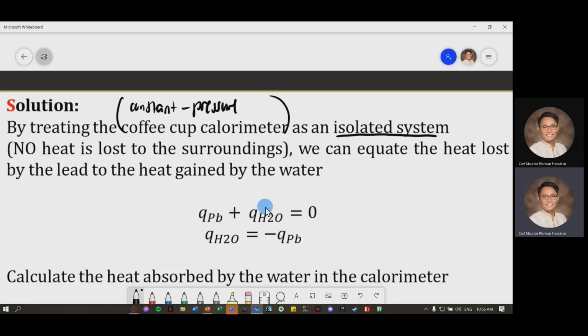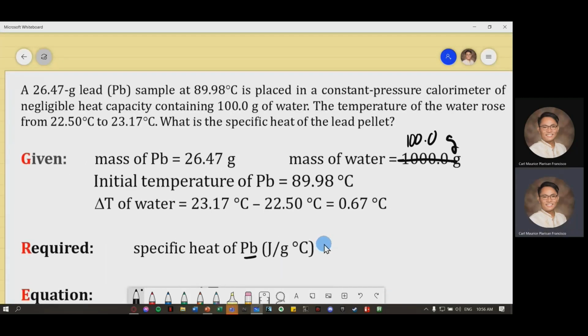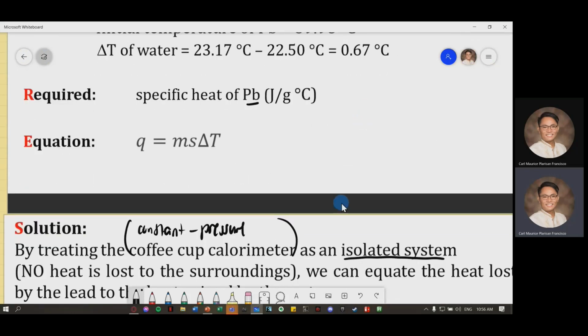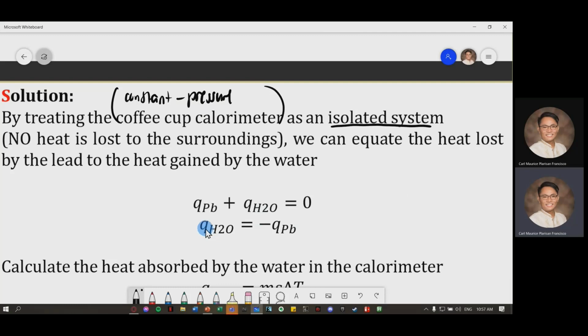Alin ang itatransfer natin sa kabilang side na equation? Paano malalaman? Balikan. Ang sabi, ang water daw ay uminit, umangat. Ibig sabihin, kung uminit ang tubig from 22.15 naging 23.17, nadaragdagan, positive, endothermic. So dapat itong Q water mo, positive.